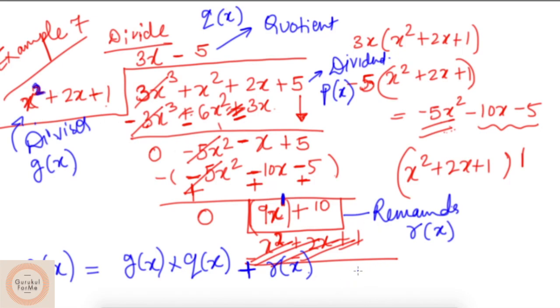Can I also conclude that the degree of my remainder, which is rx, is always less than the degree of gx? We notice this, right? x raised to 1 and this is x raised to 2.